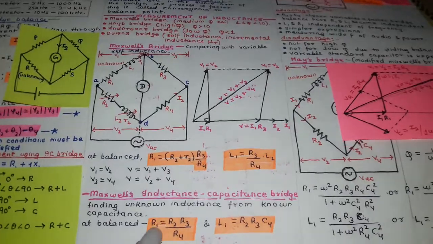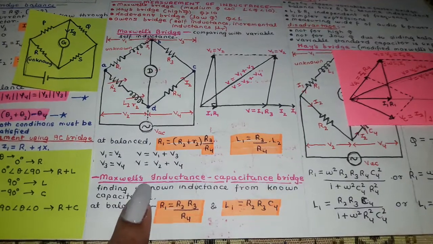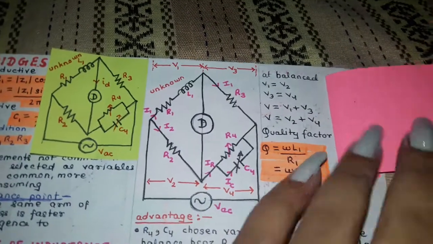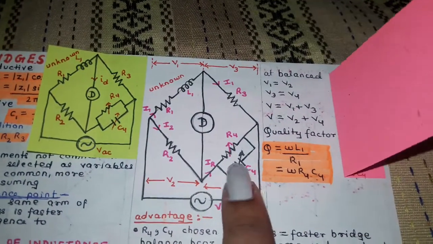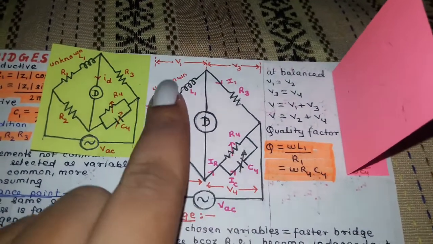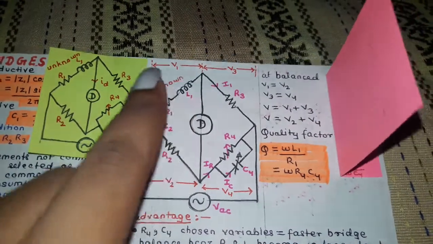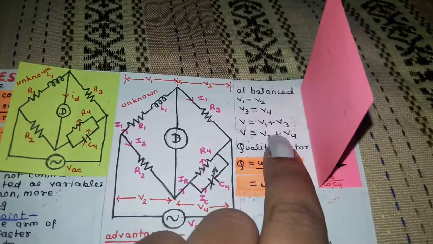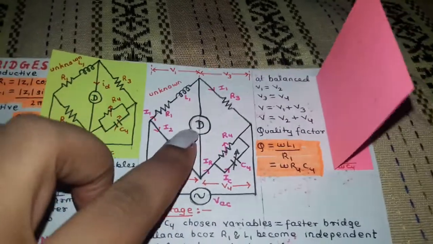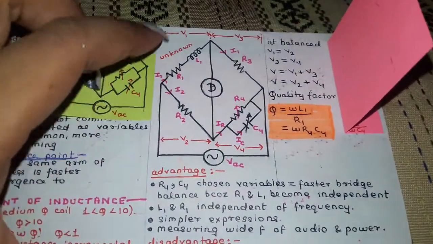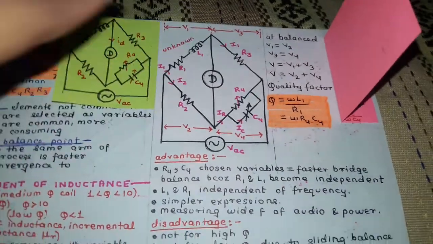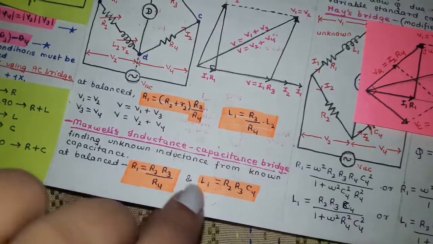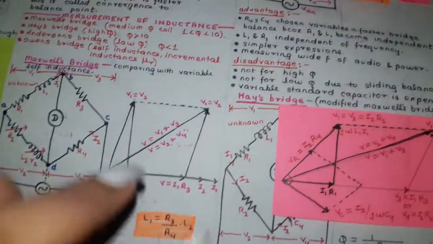The circuit for this bridge is here; we are using a capacitor to find the unknown inductance. At balanced condition, the unknown R and unknown L are given by these formulas.